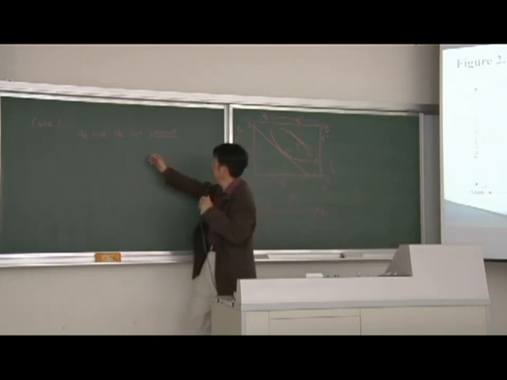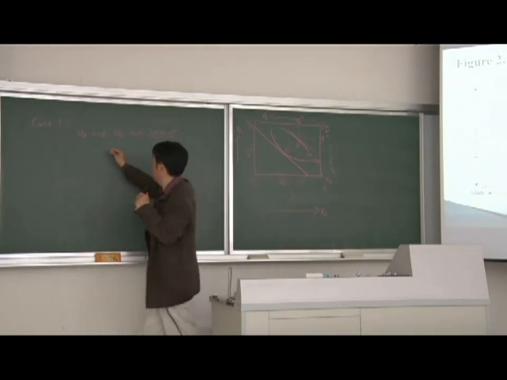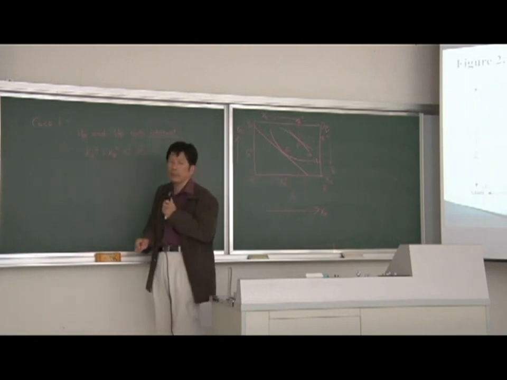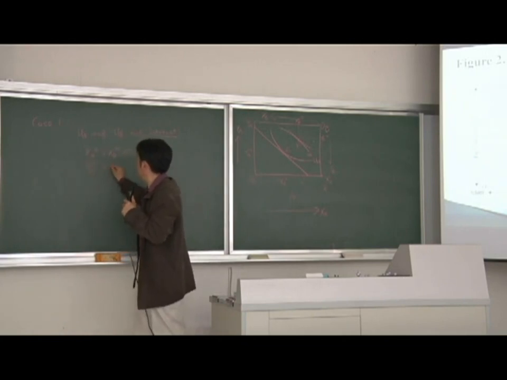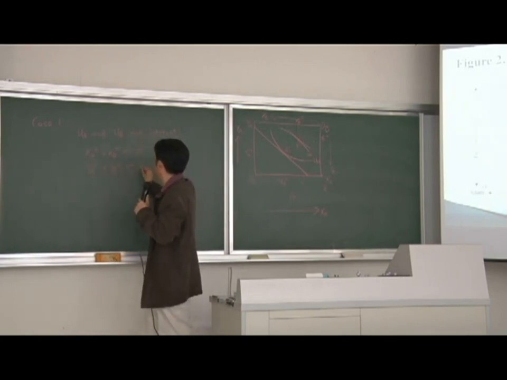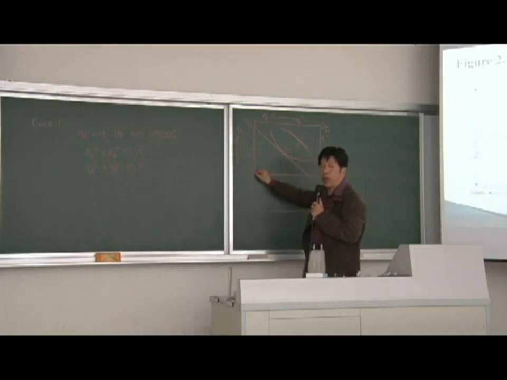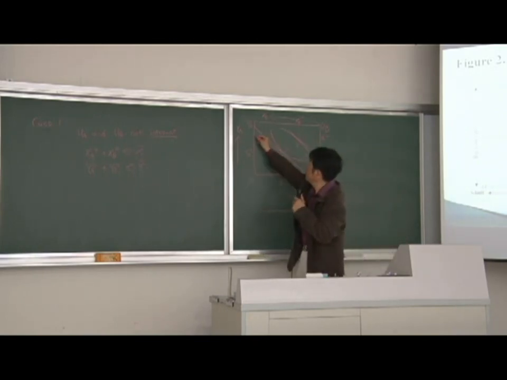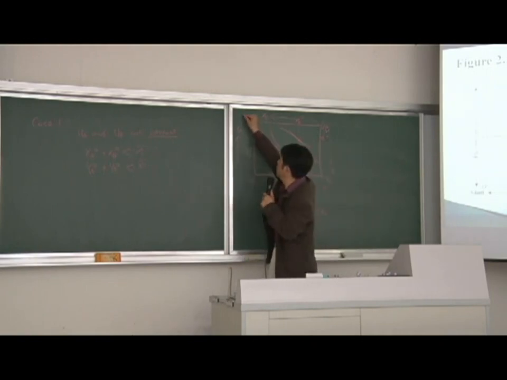Finally you can see if they do not interact, XA0 plus XB0 is less than X bar, and YA0 plus YB0 is less than Y bar. Because A uses YA0, B uses YB0, but all the commodity is Y bar.